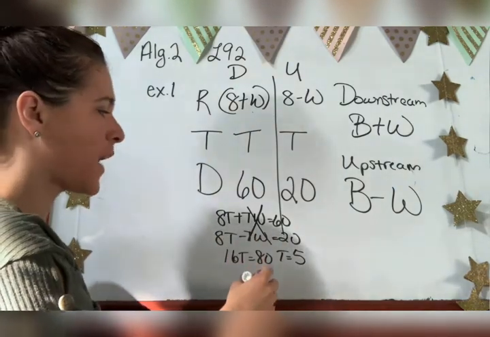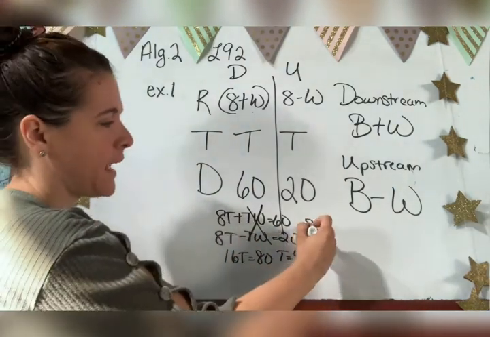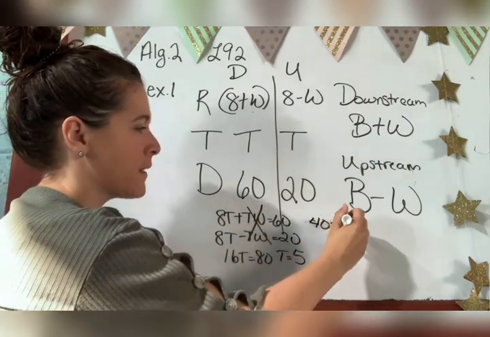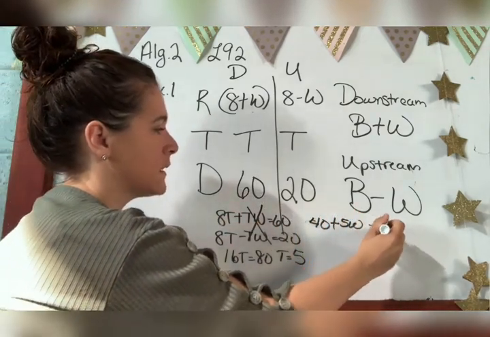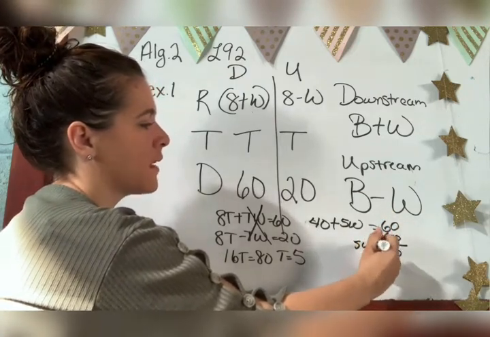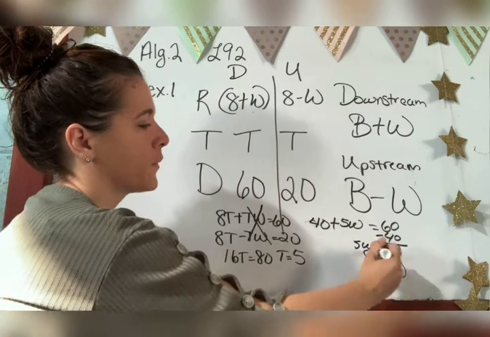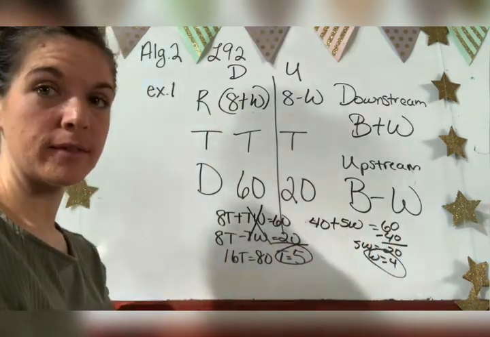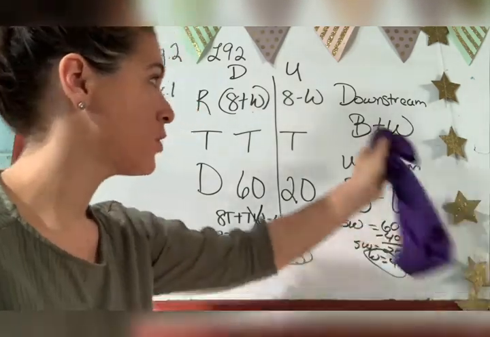If t equals 5, let's plug it into one of these. So it's 8 times 5 is 40, plus 5w equals 60, right? Then we solve for w, and w equals 4. So that means the rate of the water was 4, and the time is 5. Okay, here we go. Let's do 92.2.